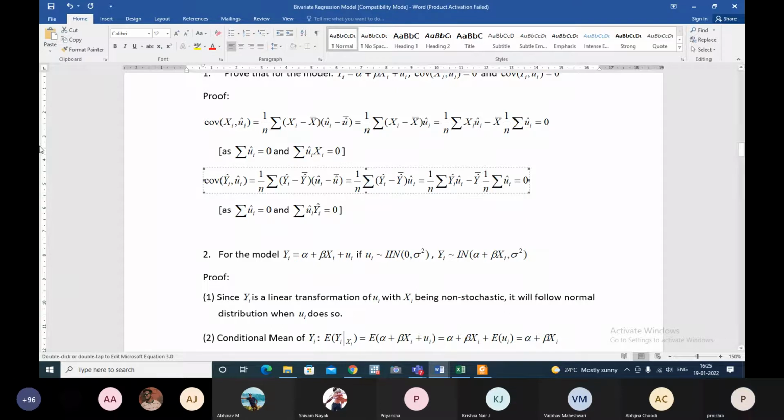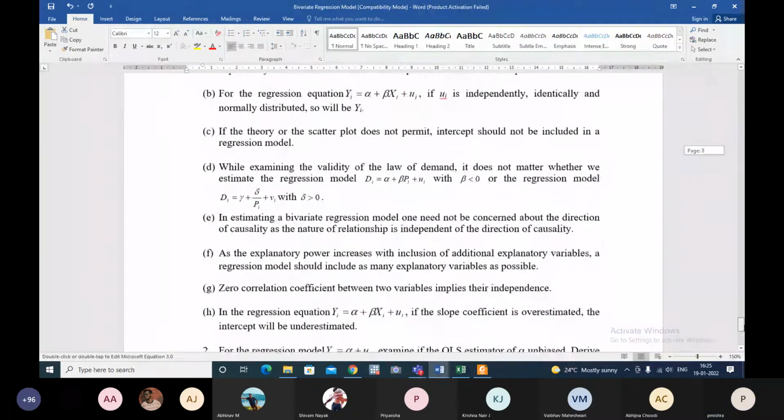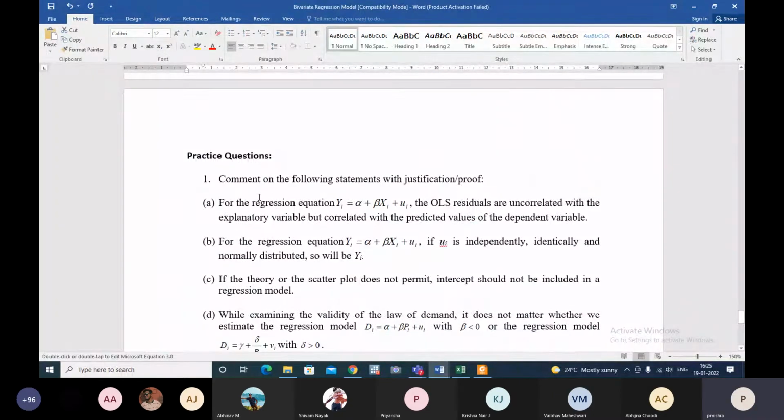So this statement is partly true. What was the question? Comment on the following statements with justification or proof. The question is not about stating whether it is true or false.